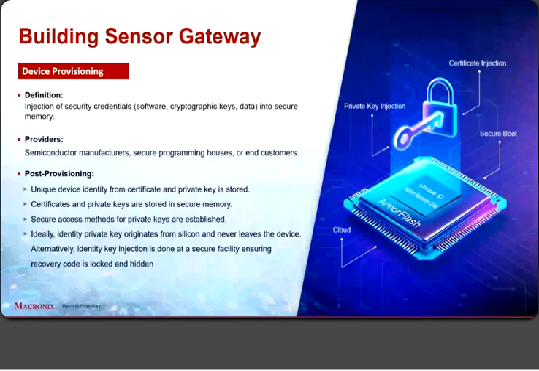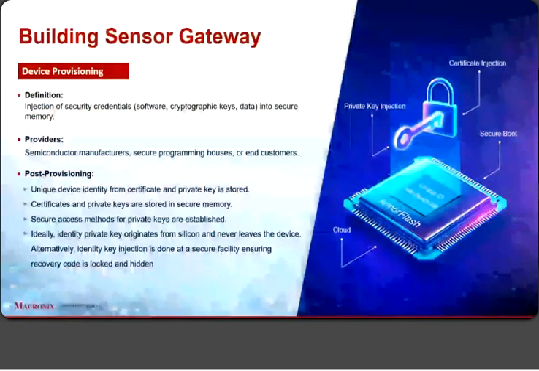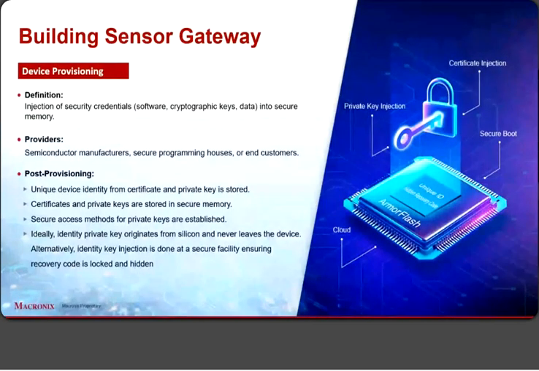If you're going to be storing private keys onto memory, there need to be secure access methods to do that. Ideally, identity private keys originate from the silicon and never leave the device. Alternatively, identity key injection is done at a secure facility to ensure recovery code is locked and hidden.